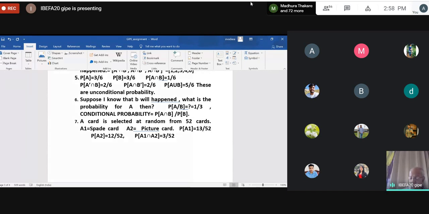I can even define A1 given A2. That is, you know the card that you are going to take is a picture card. What is the probability it is a spade?